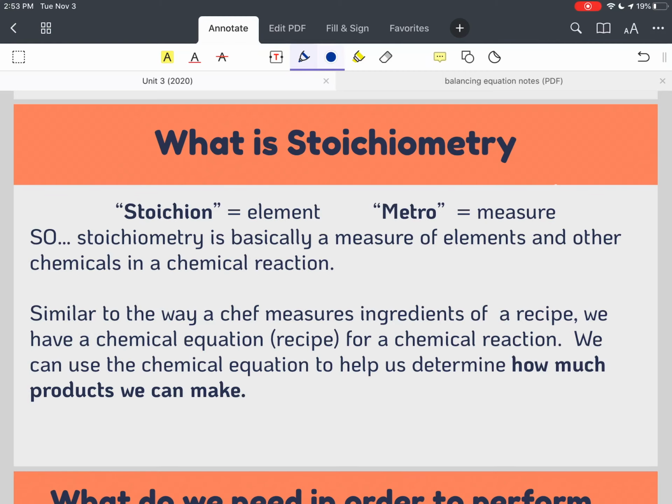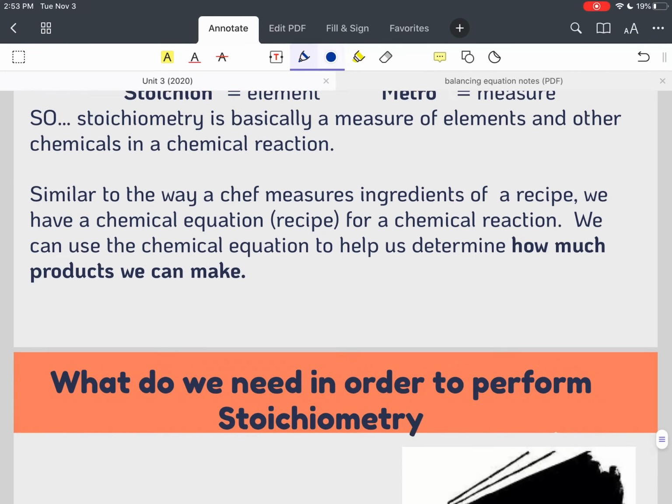So we're just measuring the amounts of elements is all that really means. And like the video said, it's just a way that we can take the ingredients of a recipe. If you want to make one cake, you might need 2 cups of flour, right? If you don't have 2 cups of flour, your cake is not going to turn out right. So that's all that we're doing here with stoichiometry. We're trying to figure out how much we need in order to make a certain amount.